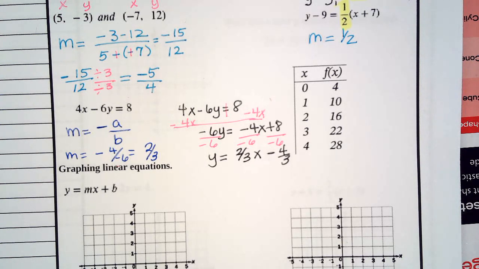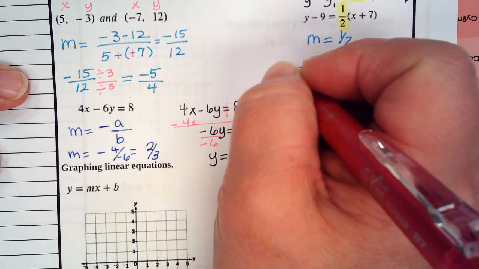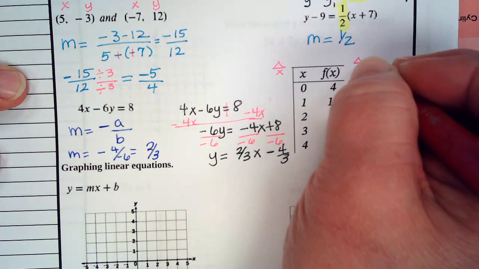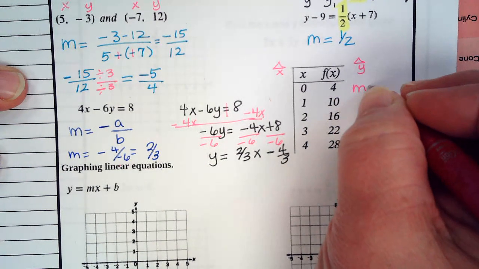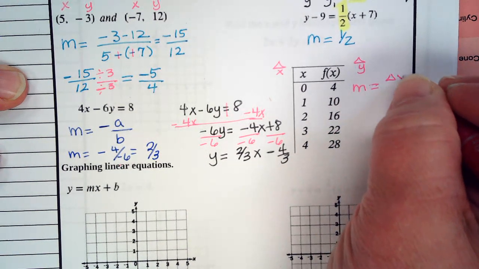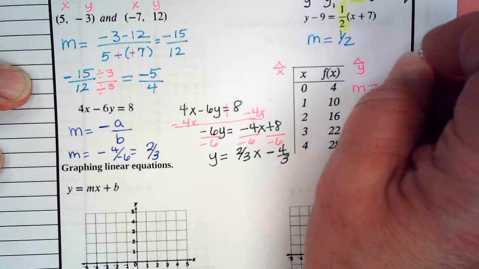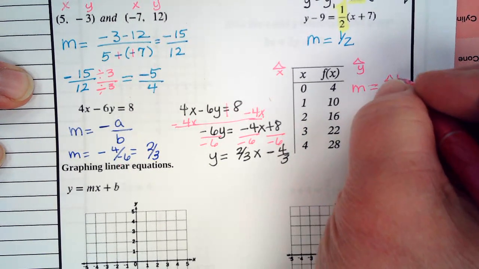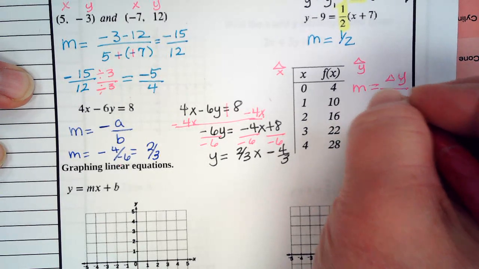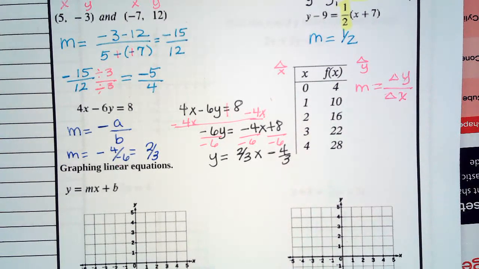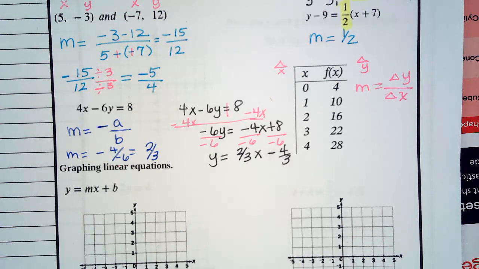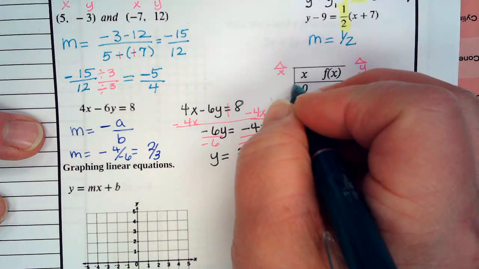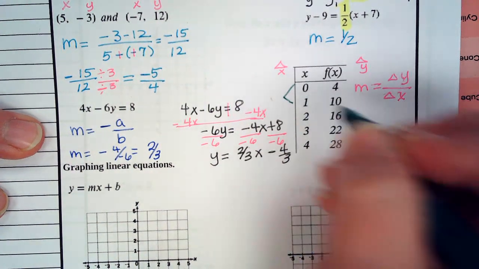Okay, what about a table? What do we do? We still look for delta x and delta y because our slope is equal to delta y over delta x. Okay, so let's take a minute and look. On the x side, how much do I go up by?